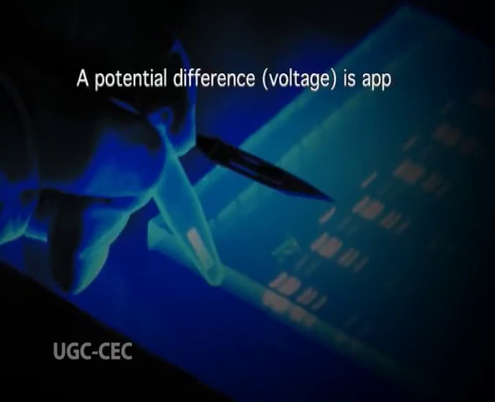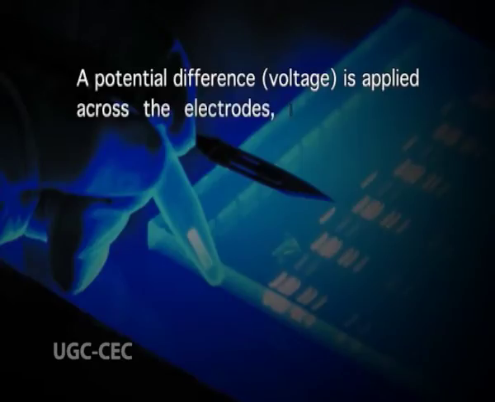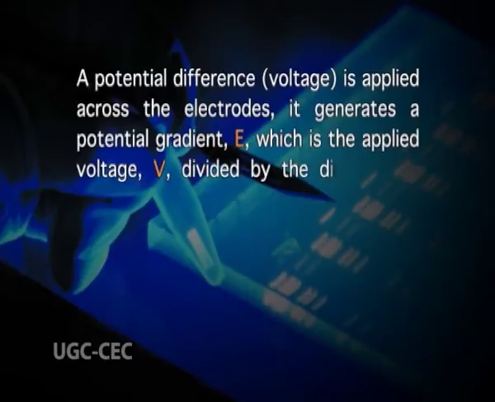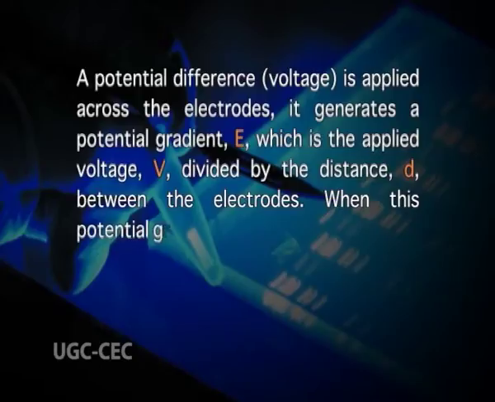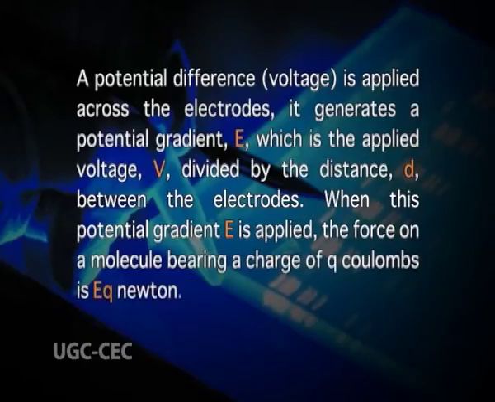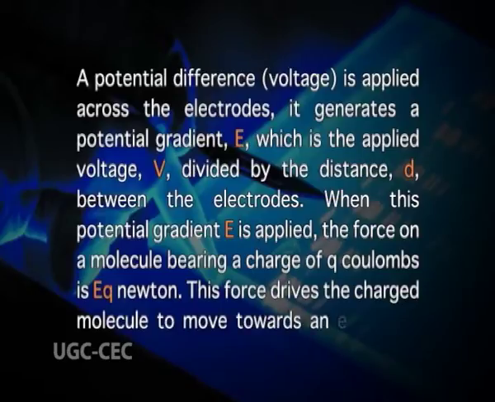A charged species during electrophoresis is separated when a potential difference or voltage is applied across the electrodes, so it generates a potential gradient E, which is the applied voltage V divided by the distance d between the electrodes. When this potential gradient E is applied, the force on the molecule bearing a charge of Q coulombs is EQ Newton. So this force drives the charged molecule to move towards an electrode.